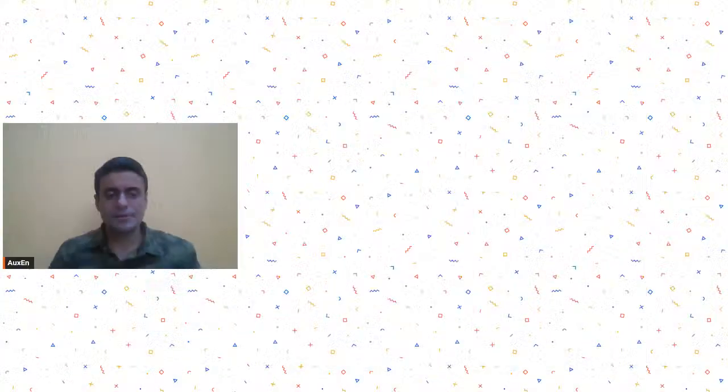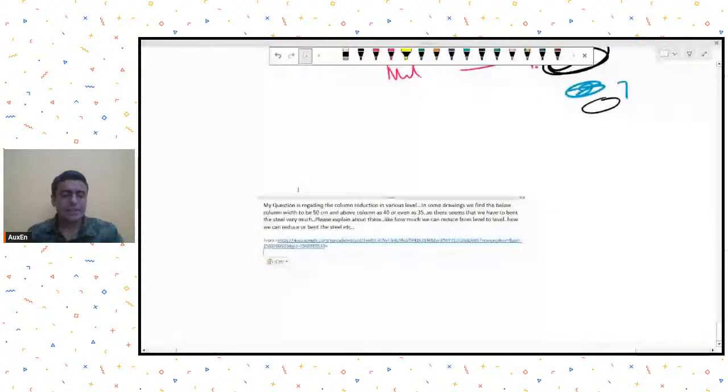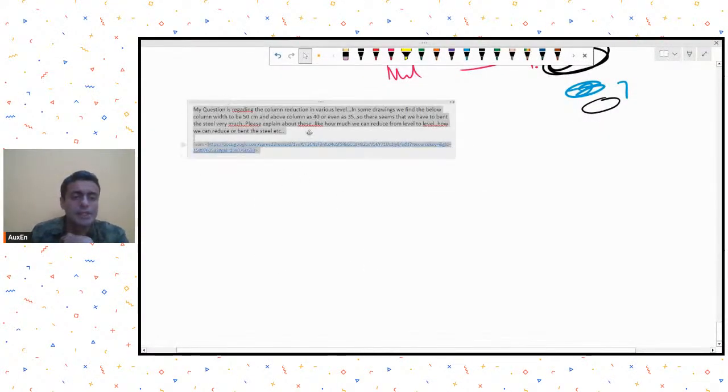This is an interesting question, so just see what he's asking. His question is regarding the column reduction at various levels. In some drawings, we find the below column width to be 500 mm. Okay.